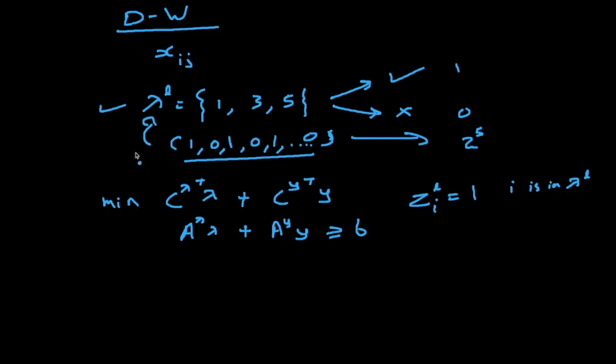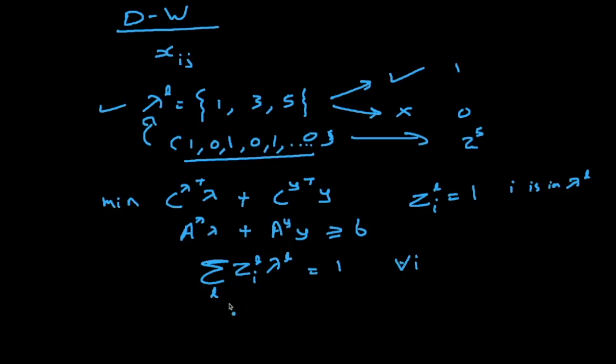So I want every item to be present in my selected subsets, right? So what we can do is just sum over all the subsets, right? So we have z_il, and we sum over all these lambda_l subsets. So this should be equal to 1. Exactly one of the subsets which contains this item i should be selected.